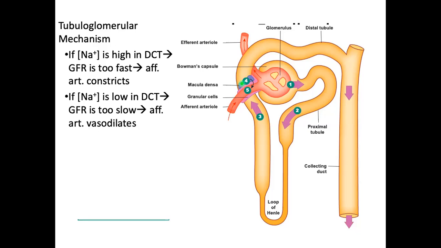If urine's flowing slowly through the tubes, then not as much sodium is going to go through that monitoring station. And then that macula densa monitoring station is going to say, hey, we need to dilate that afferent arteriole to speed up filtration, okay? To speed up urine flow through the tubes. So that's a pretty complicated mechanism, right? Okay.